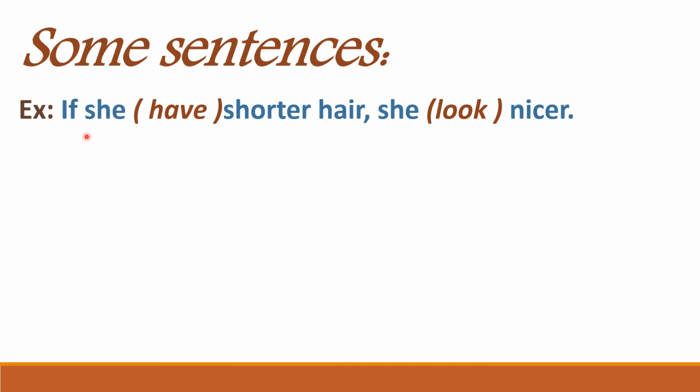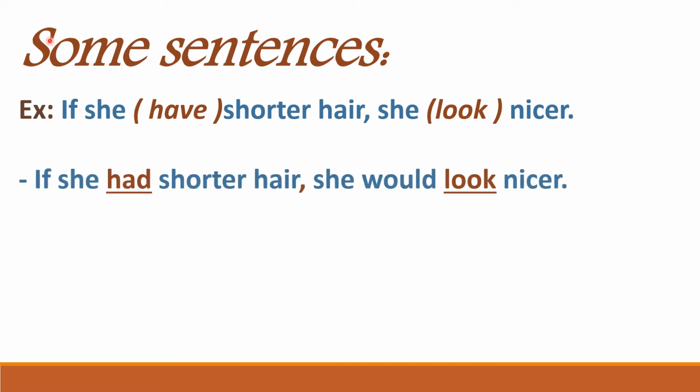So how can I answer it? It became if, we write if then the subject, considering the first clause will be in the past simple tense. So she, it is the same subject, she.